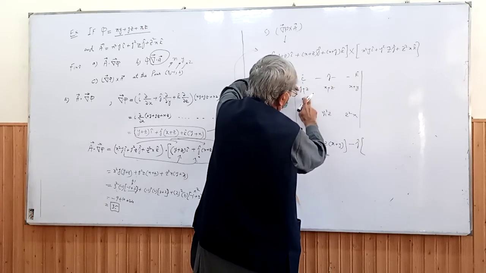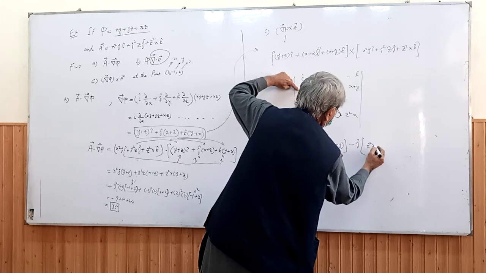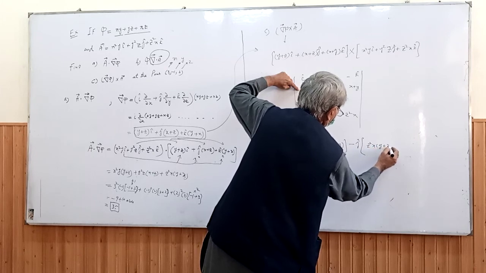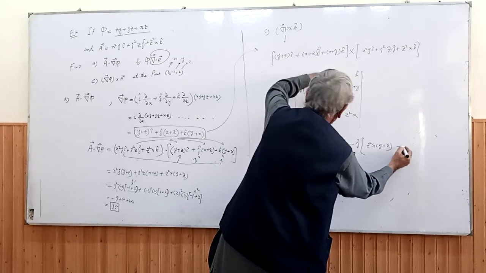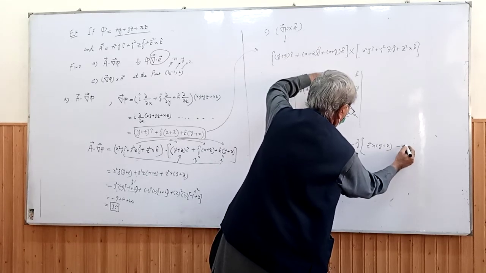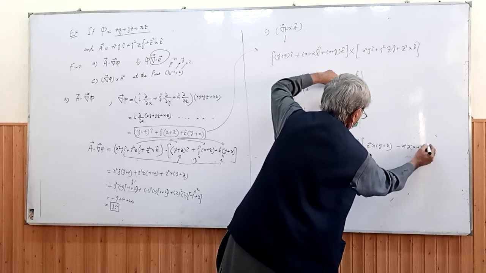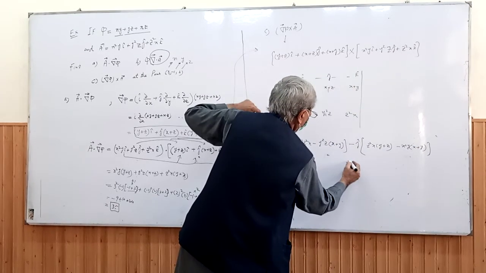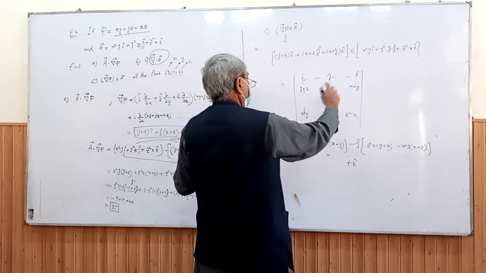So y plus z into z square x minus x square y into x plus y, plus k, alternatively if you are going from that direction.